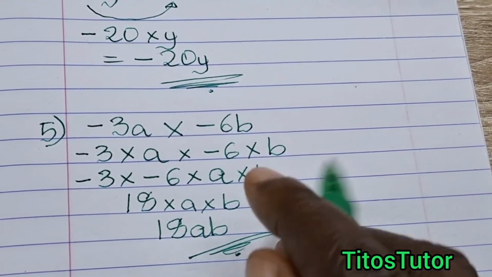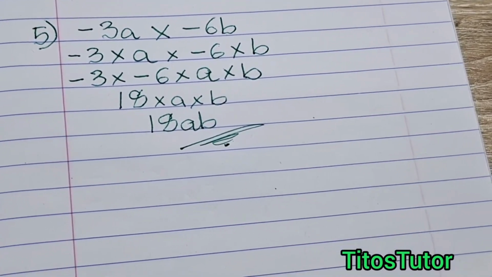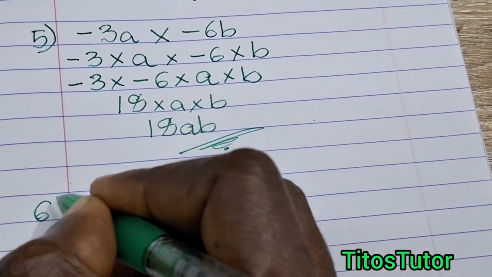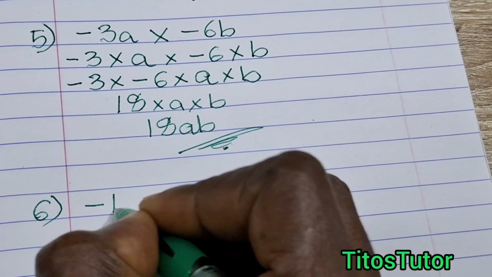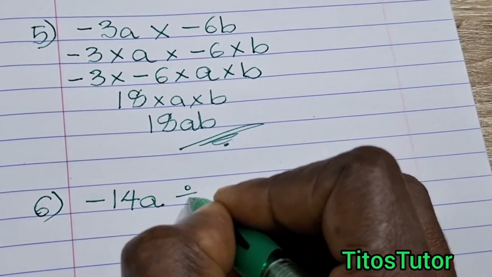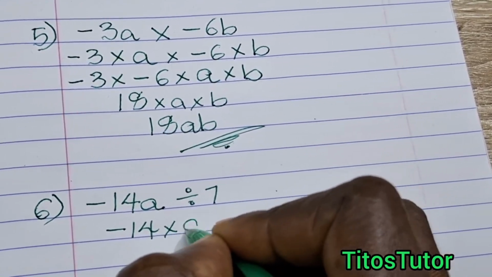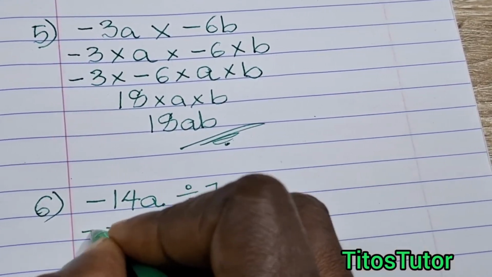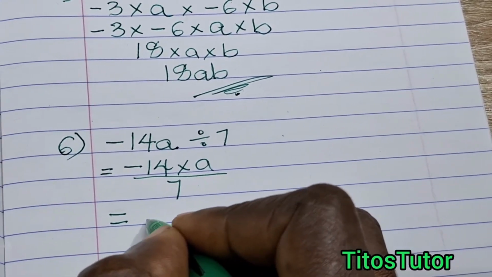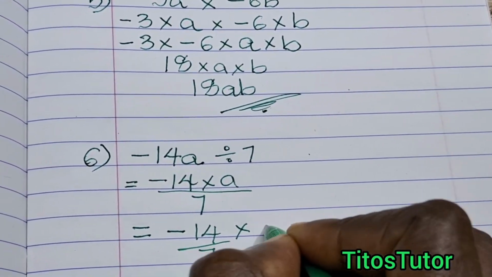Final answer. Another worked example, which is example 6, is now in division. In this case, it is negative 14a divided by 7. So we can have negative 14 multiplied by a all over 7. And this is the same as negative 14 divided by 7 multiplied by a.